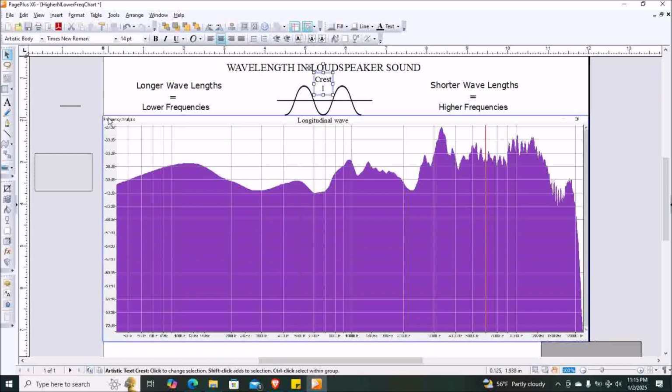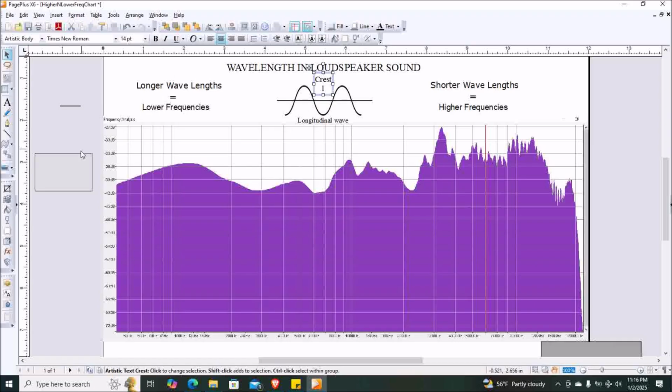When you look at the low frequencies on this chart, you notice how the wavelengths are pretty long, as you can see right here. Then as you go up, the wavelengths get shorter and shorter, because they get higher in frequency. So the higher the frequency, the shorter the wavelengths are.